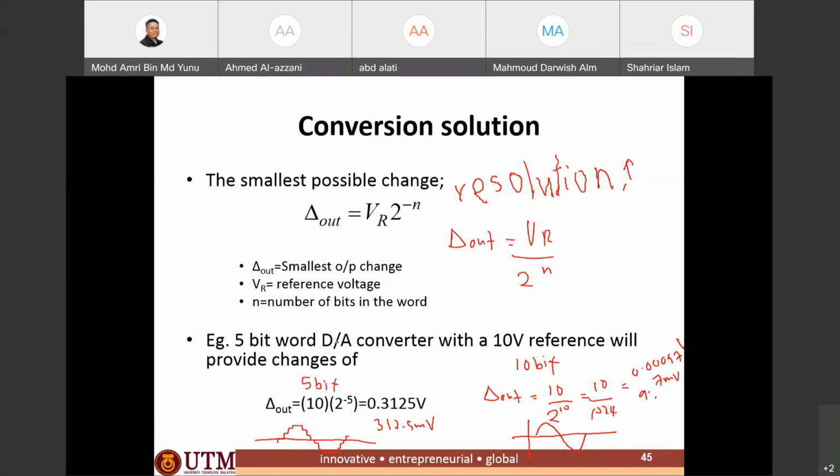For example, a 5-bit digital analog converter with 10-volt reference, we get delta out of around 312.5 millivolt. But if we go for 10-bit, we get a smaller delta out value of 9.7 millivolt. So if we compare the performance, the higher bit converter will be much better.